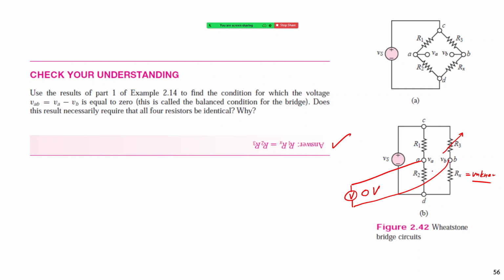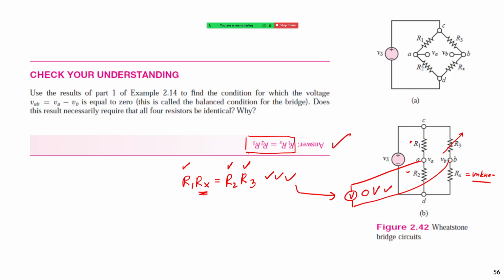It means that when this voltage is 0 volt, this relation is satisfied: R1 Rx equal to R2 R3. R1, R2 and R3 are known values; we adjust R3 until we get 0 voltage, so this equation is satisfied. Then we can compute Rx.